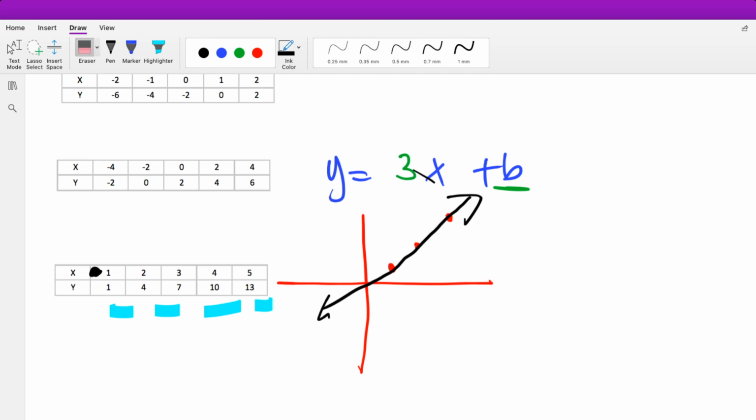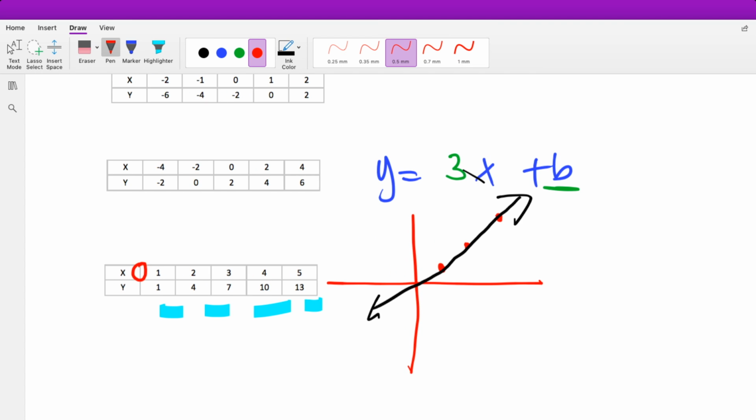So how do we get to this 0 point? We just need to subtract 1. Let's put a 0 in here. Because we know the line goes on forever, so it has to have an x equals 0 somewhere. And then we know that these are increasing by 3 over here. So what number would we put here that is 3 less than 1? We would just have a -2.